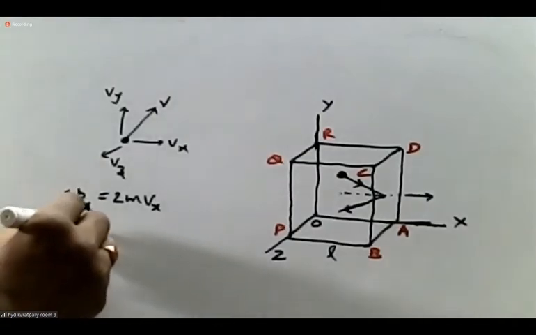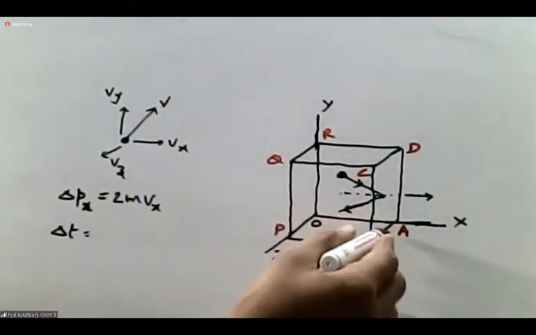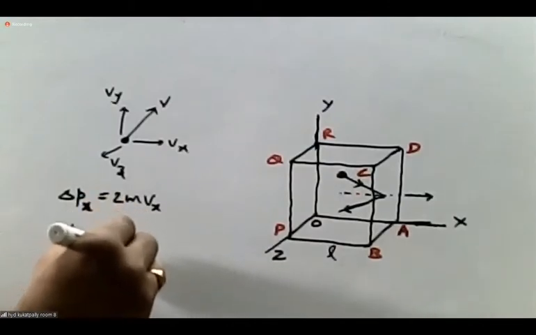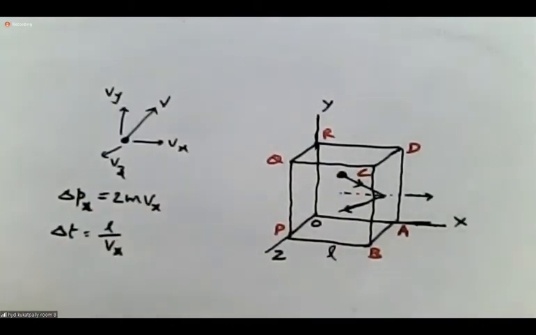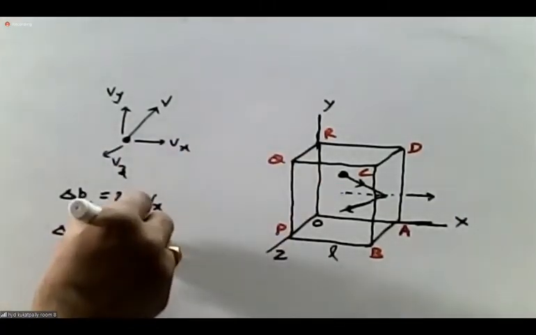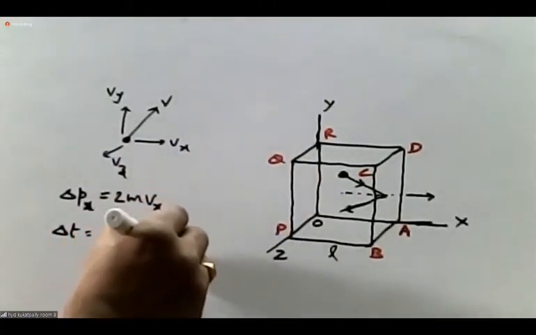Delta T, the time taken to travel from ABCD to OPQR, is L by Vx. X component of displacement L by x component of velocity Vx. This is the time taken. And after colliding with OPQR, it will come back to ABCD.